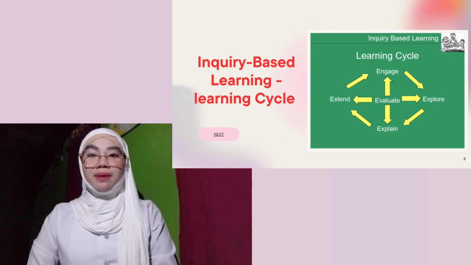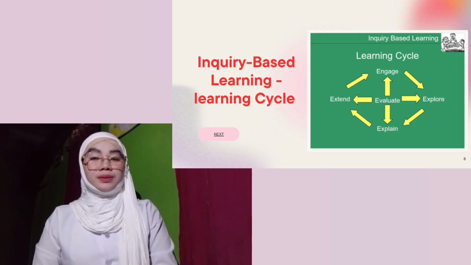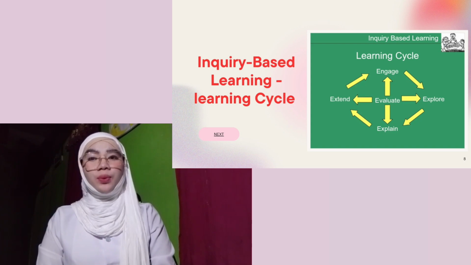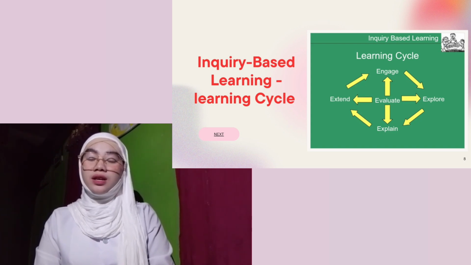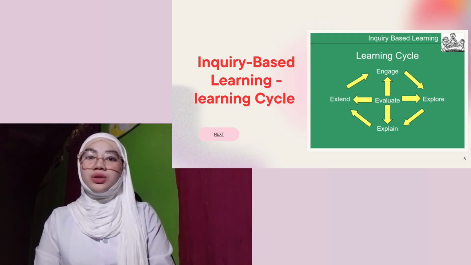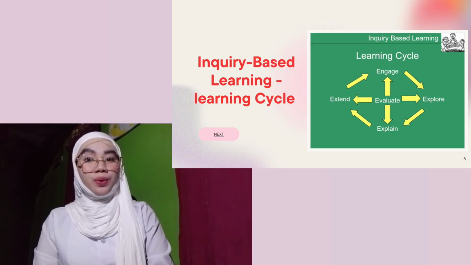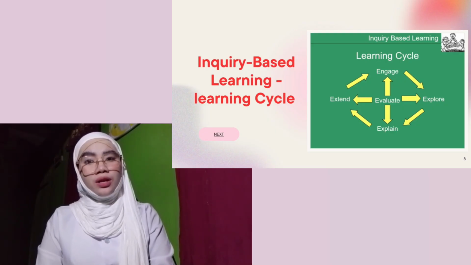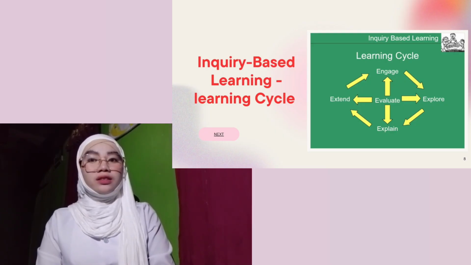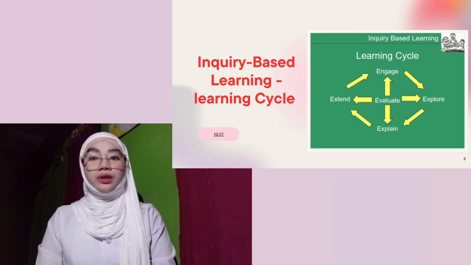Next is the inquiry-based learning cycle. First, we have engage. This is the starting point wherein student interest is captured through a question, situation, activity, or problem. It taps their prior knowledge and sparks curiosity about what they will learn.